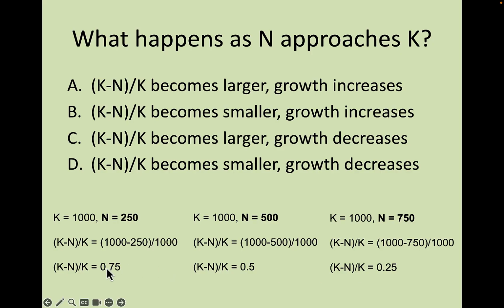So K minus N over K went from 0.75 to 0.5 to 0.25, and when N equals K, it's going to be 0. So we can see that as N approaches K, K minus N over K becomes smaller, and growth decreases. And this is what we have for an answer.